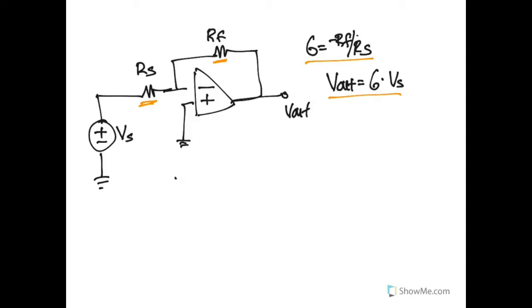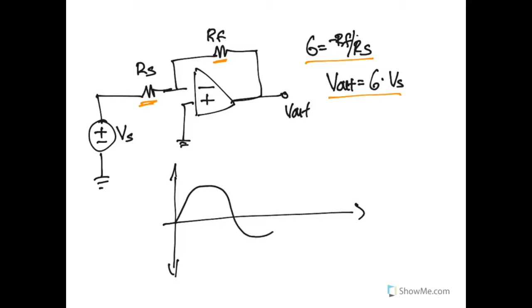If we were to send an AC signal into this circuit, and we had a gain of 2, we would get negative 2 times our signal, and we would get 2 times amplification on this particular circuit.